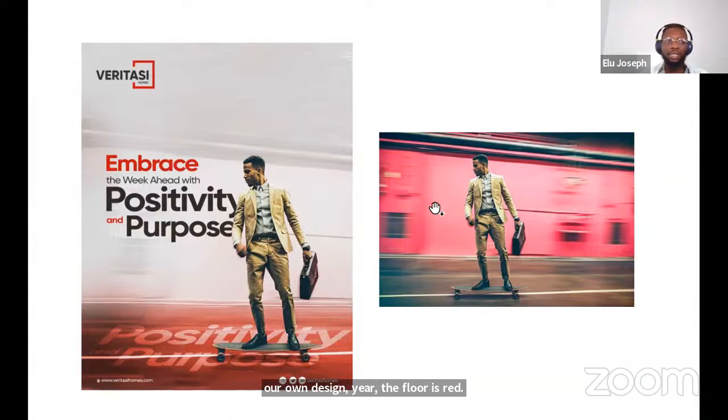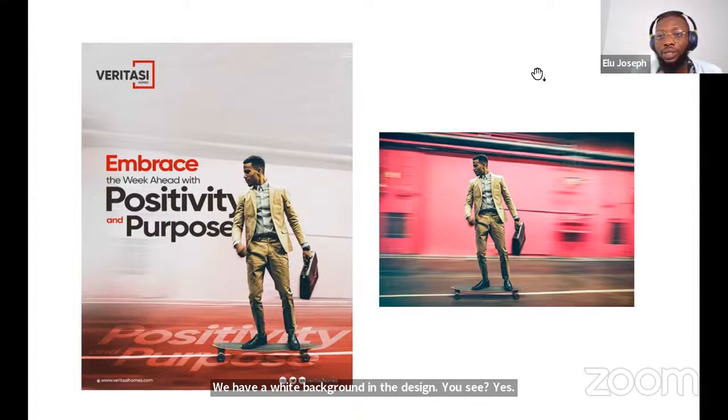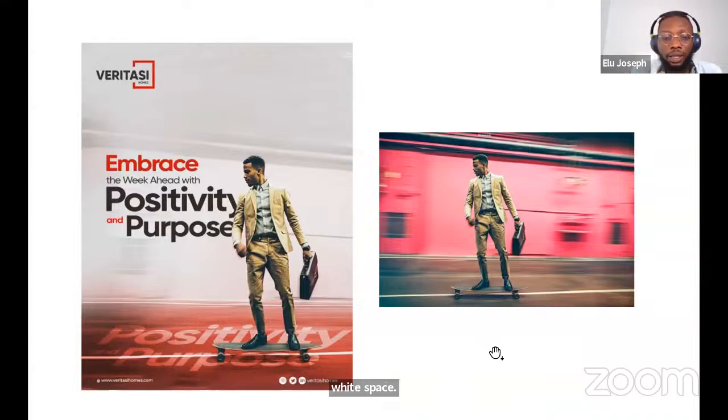And the background where Mr. A is skating is actually pinkish. But we have a white background in the design. You see? Yes, white space. You can also see that underneath his skateboard here, there is positivity and purpose. On the real image, there's nothing written there. Do you get it?